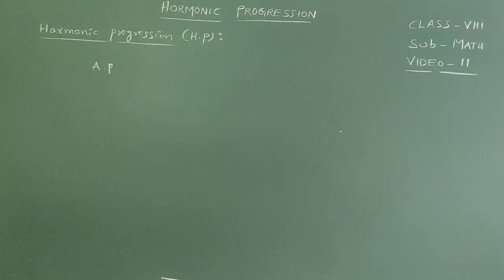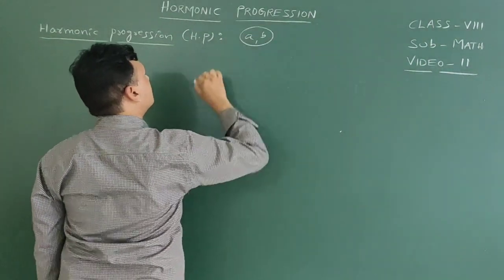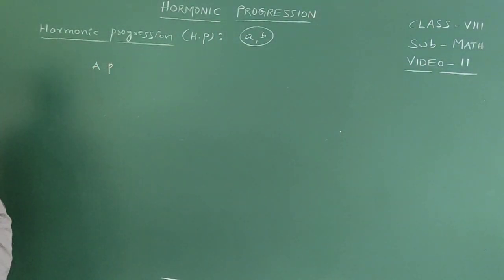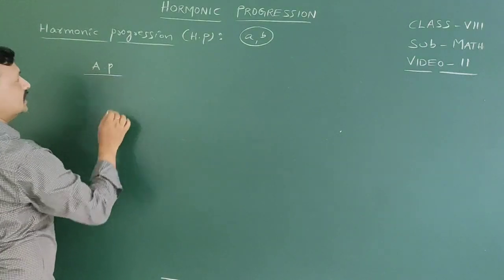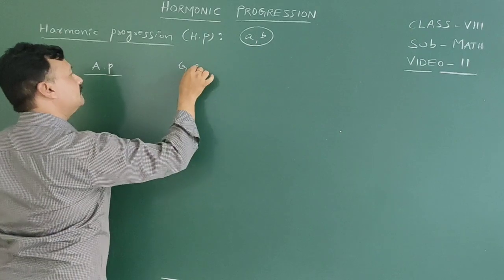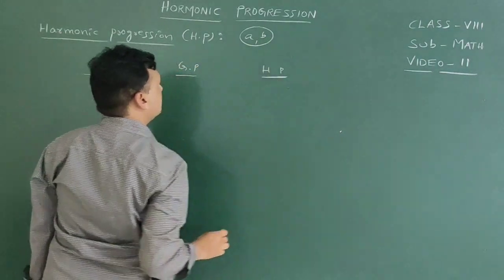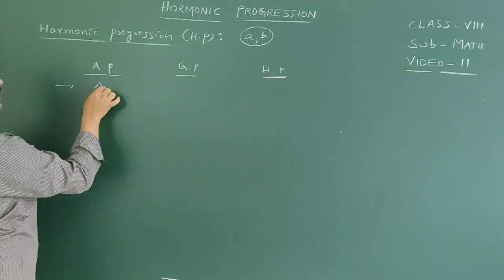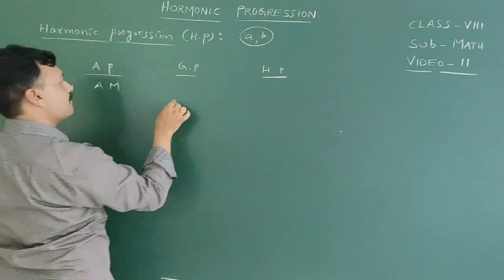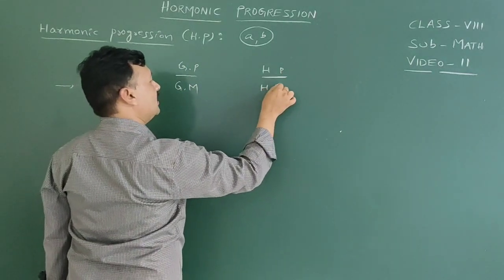Observe here: two quantities A and B are given. We need to find their arithmetic mean, geometric mean and harmonic mean.